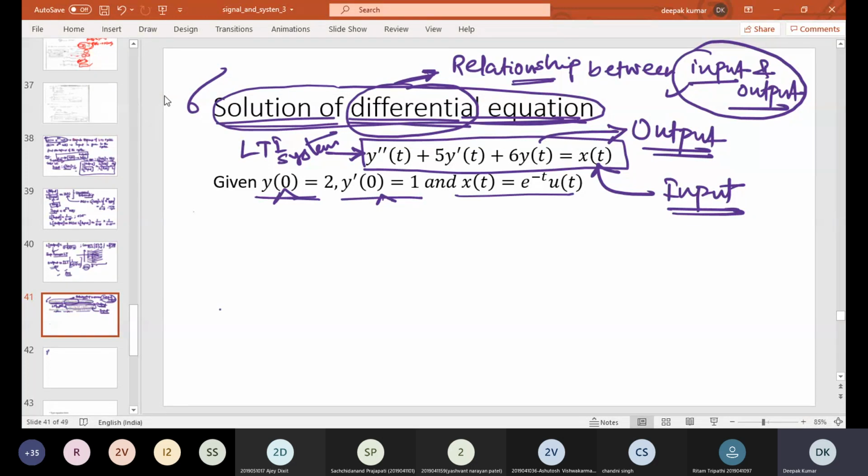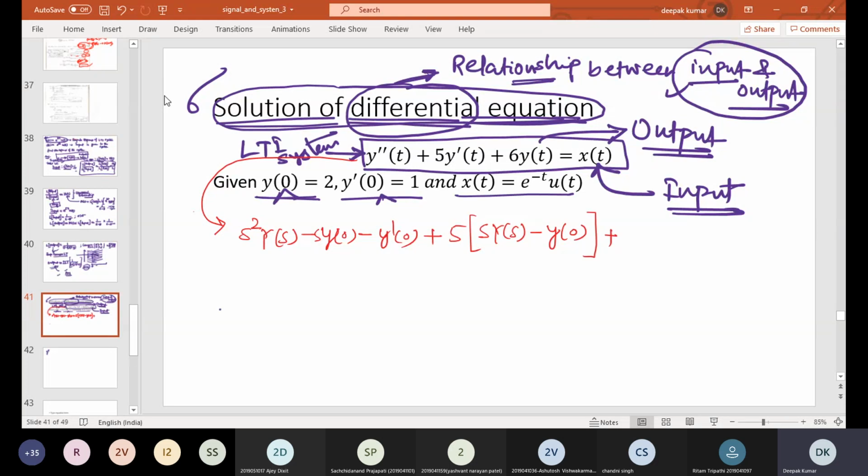Apply the Laplace transform in this expression: s square Y of s minus s y of 0 minus y dash 0, plus 5 into the Laplace transform of y dash t, which is s Y of s minus y of 0, plus 6 into Y of s is equal to X of s.